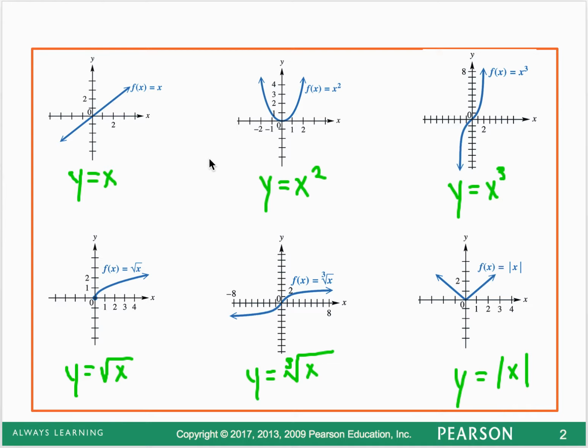The reason that we can't have the whole shape turned on its side is it's no longer a function. This is what the graph of y squared equals x looks like, which is not a function.